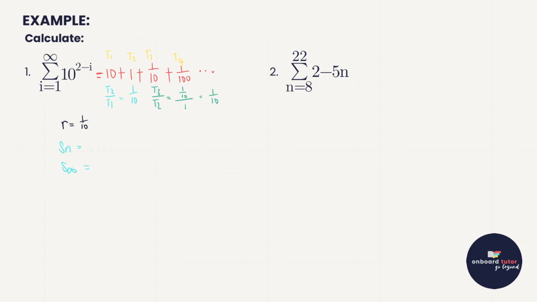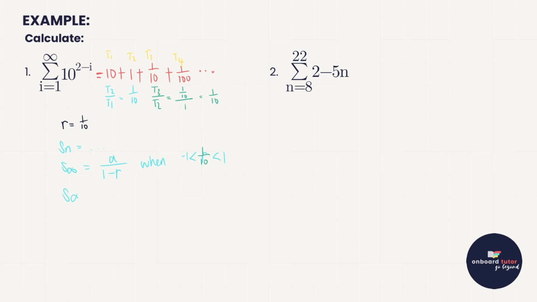So the sum to infinity is equal to A over 1 minus R. Okay, and that only works when R is between minus 1 and 1. And if you have a look at the R value that we're dealing with, it's 1 over 10. It definitely fits well between minus 1 and 1. So now we can substitute in.